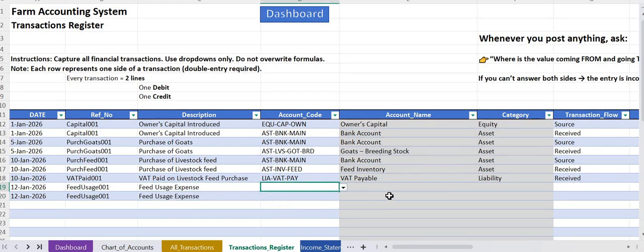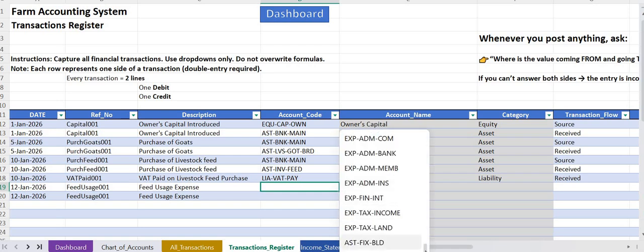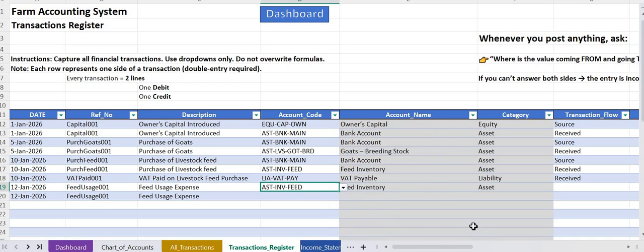And now the source account is going to be the one account that is giving value. So in this case, it is going to be the inventory, the feed inventory, the asset. That is the source account.